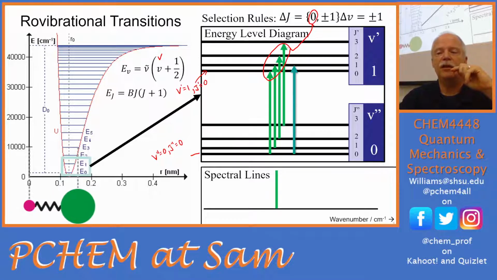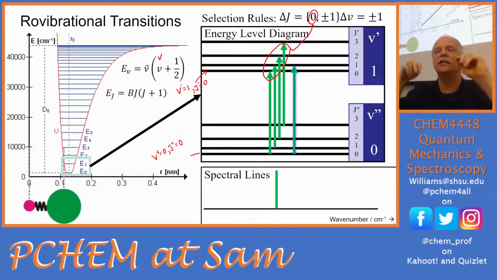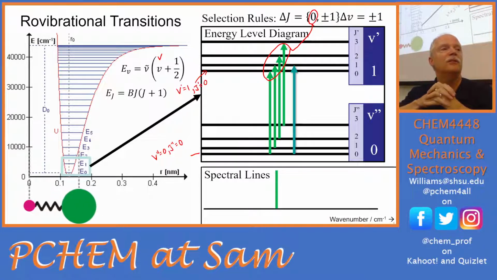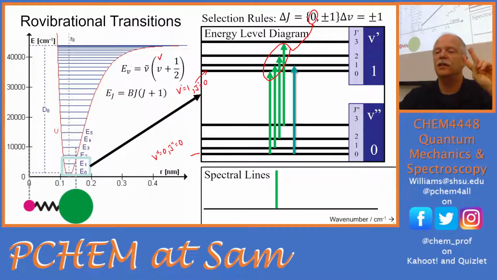All right, let's do now the delta J plus 1. So now it's going from 0 to 1 in the J and 0 to 1 in the vibration. We always have these two transitions because it's rovibrational spectroscopy. We have a rotational change and a vibrational change. So that's 0 to 1 in J, 0 to 1 in V. Then we have 1 to 2, right?